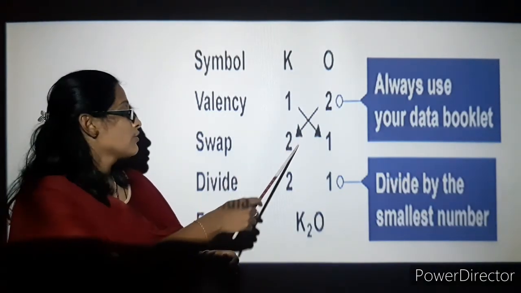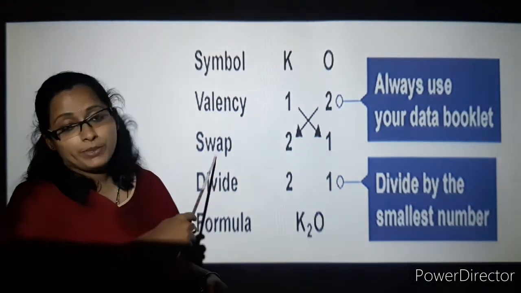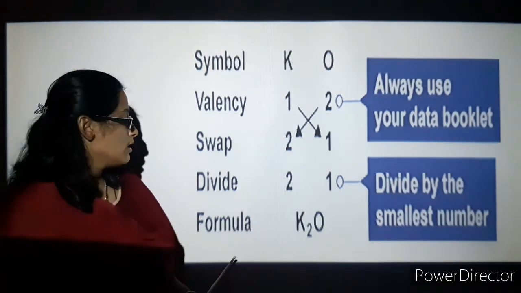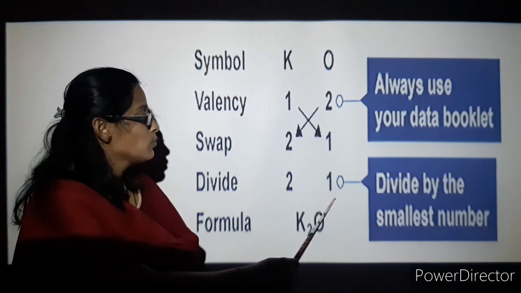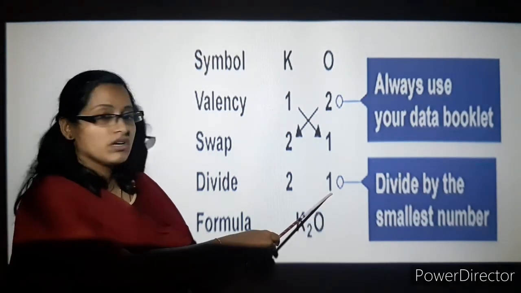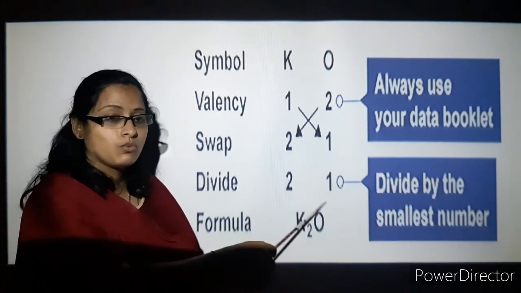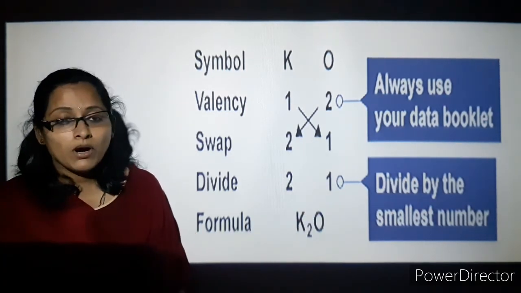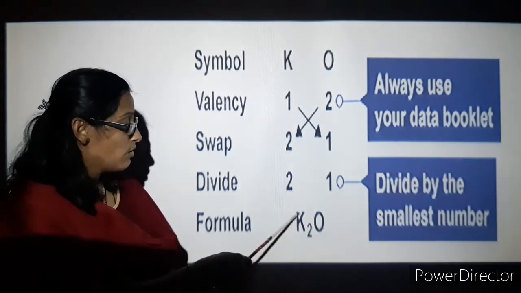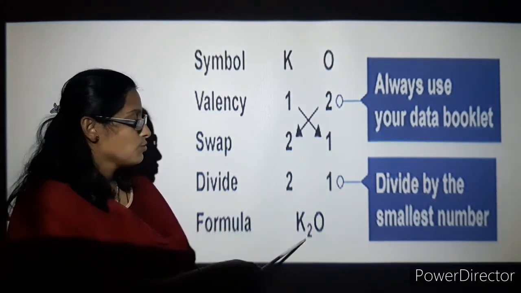You will cross multiply or swap. So it becomes 2, 1, and you divide by the smallest number. What is the smallest number of the two valencies? It is 1. If you divide by 1, it remains the same. So what is your formula now? It becomes K2O.